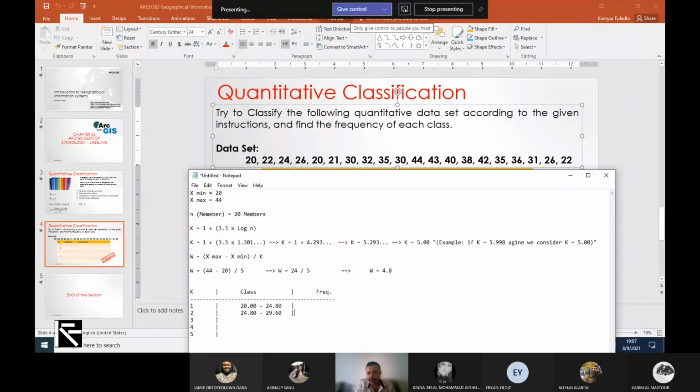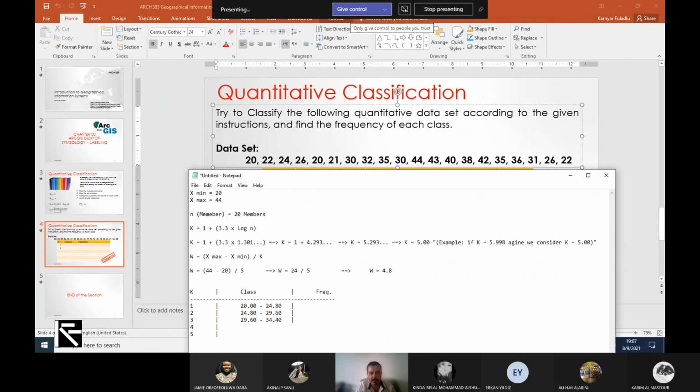Again, the same number, 29.60, I will add again 4.8 and I will have 34.4 over there.